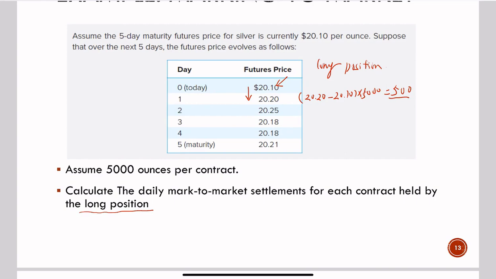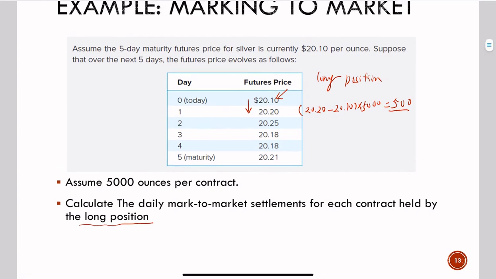And now let's continue to do this exercise. At the end of day 2, it would be 0.05 times 5,000. It's got to be 250. And then you can see that from day 2 to day 3, there is a decrease in the futures price.